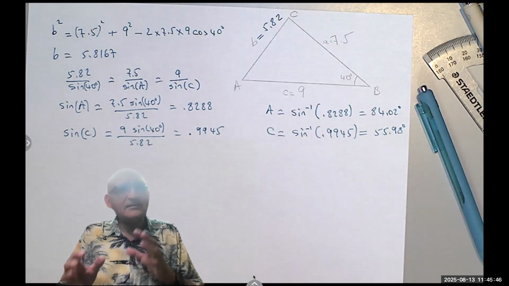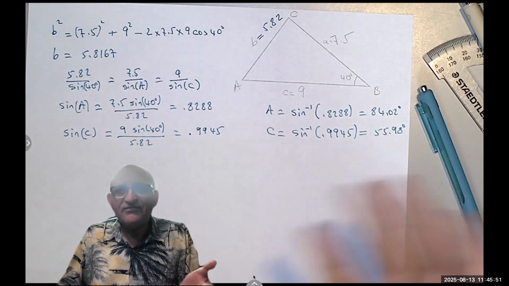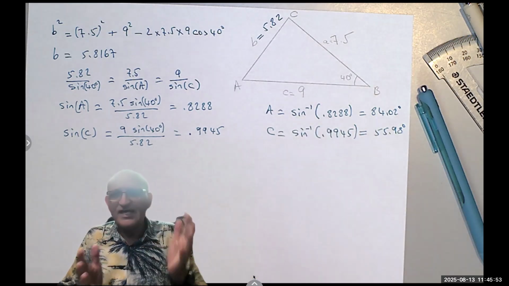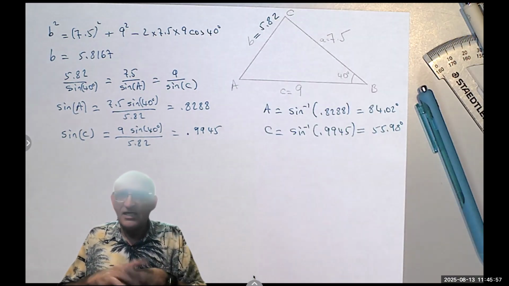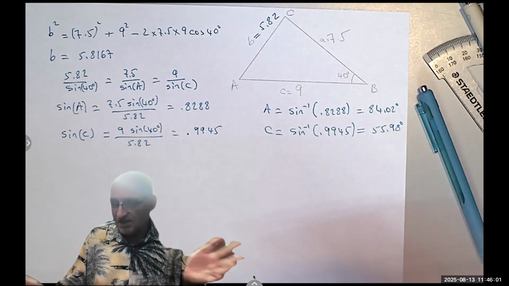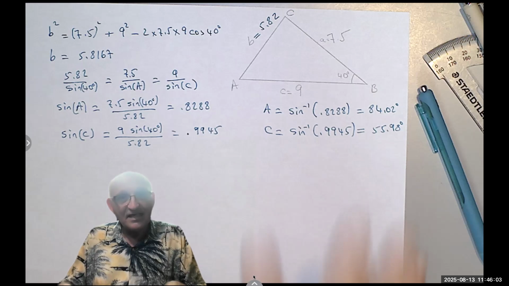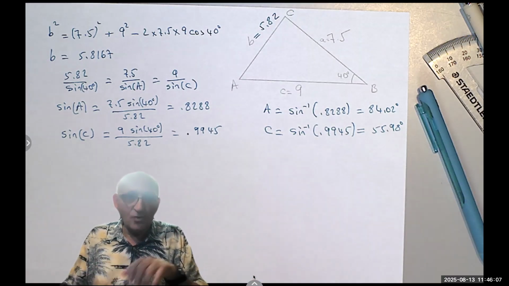And you can see that between the law of sines and the law of cosines, even if you don't have a right triangle and you don't know the sine or the cosine of these angles, you can easily find all the information about the triangle. So you can find the side length as well as the angles quite easily.